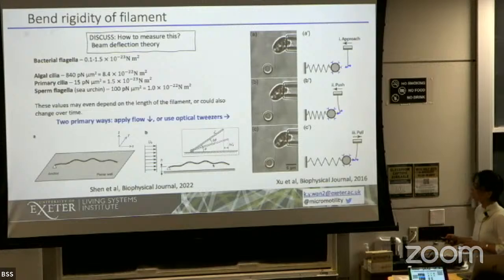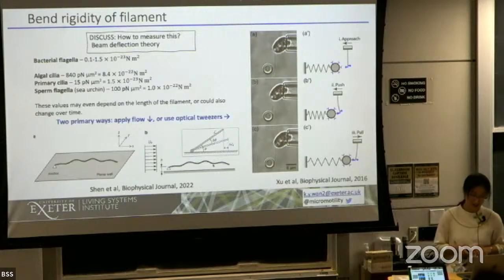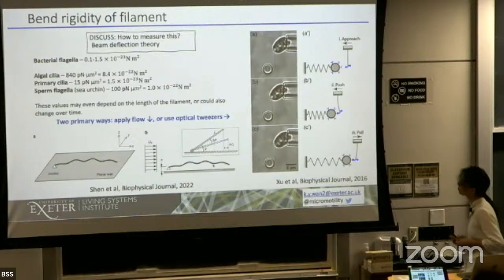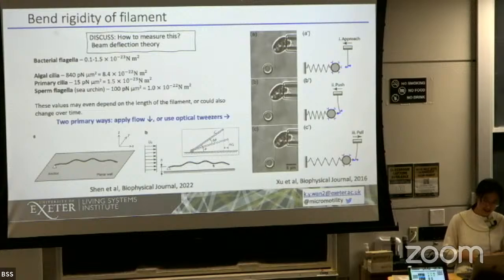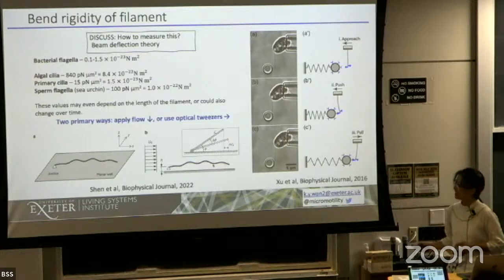And then if you were to come in with an optical tweezers, this is a small microsphere held in an optical trap, and then gently manipulate this filament position with a known calibrated force, then you can use beam theory to reverse calculate the bending rigidity of this filament.